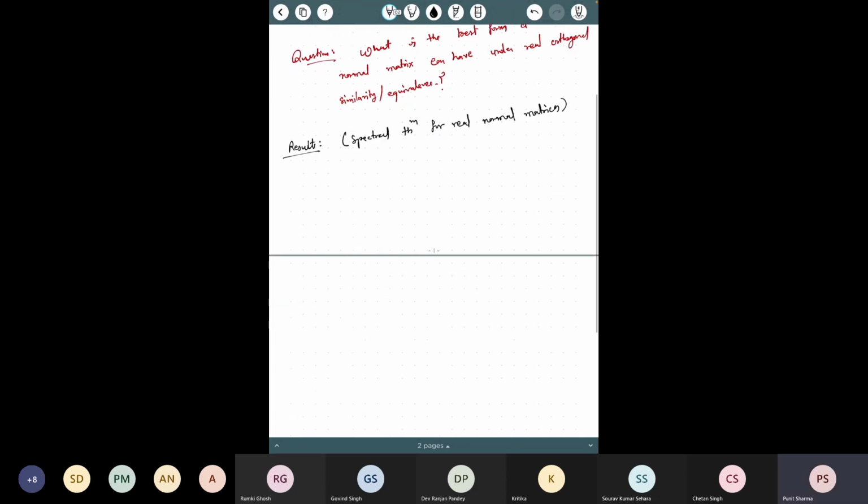This result is interesting and also important, because using it you can state this kind of result especially when A has a particular structure, like A is real symmetric or real skew symmetric, because these are real normal matrices.